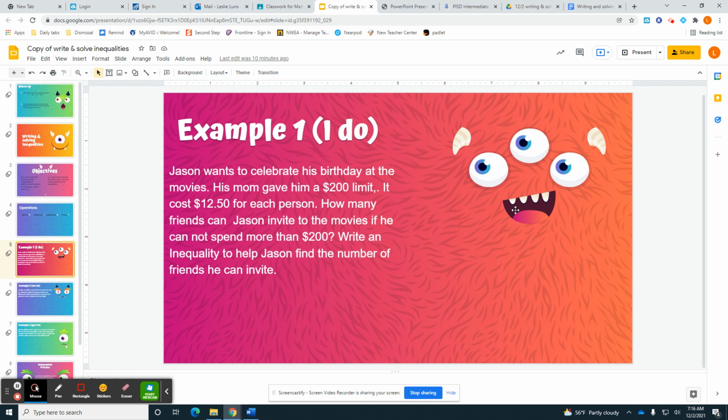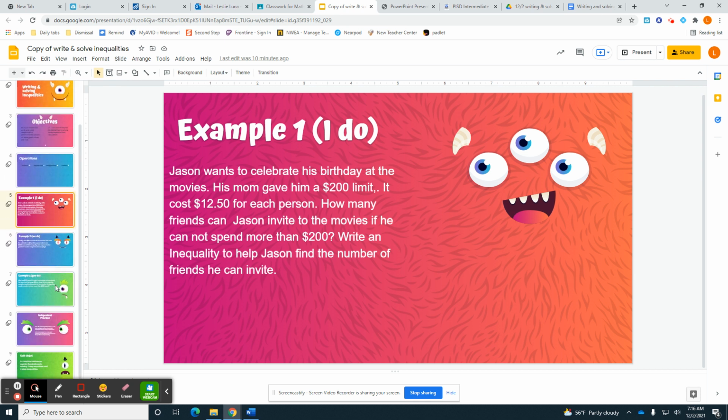Our first example. An example is an I do. It says Jason wants to celebrate his birthday at the movies. His mom gave him a $200 limit.